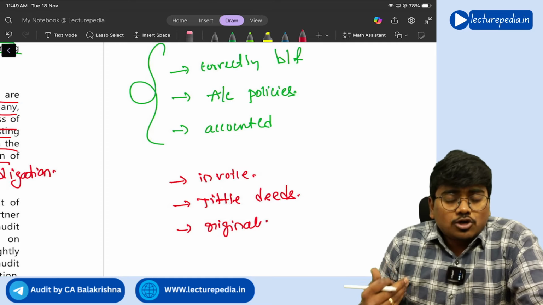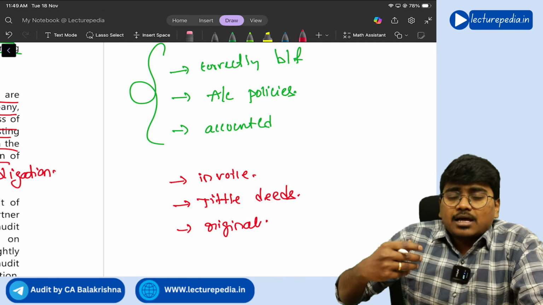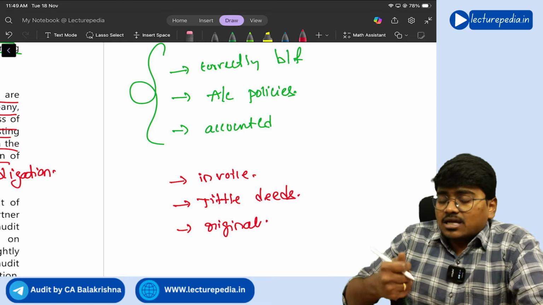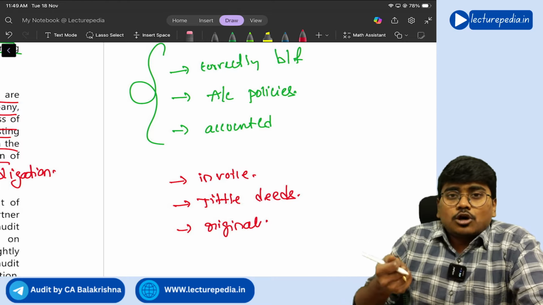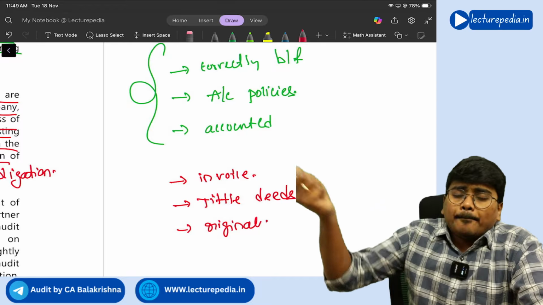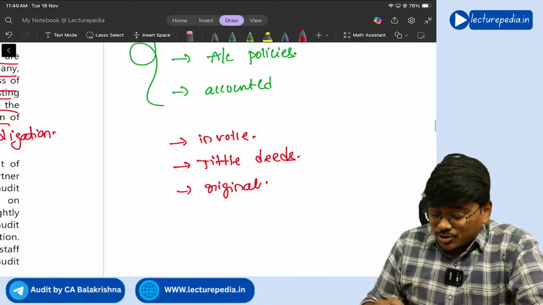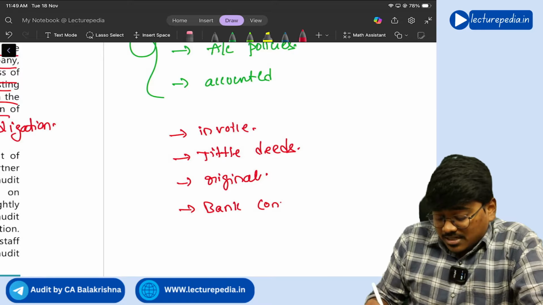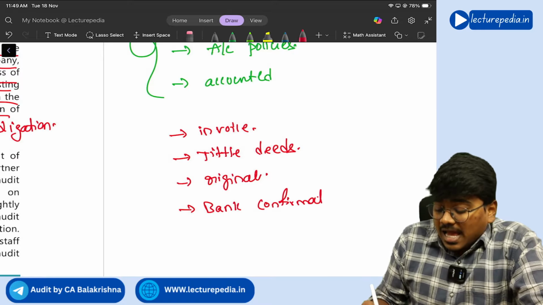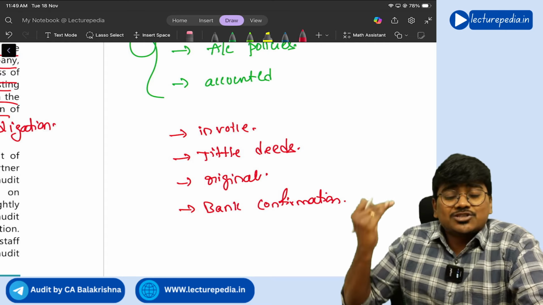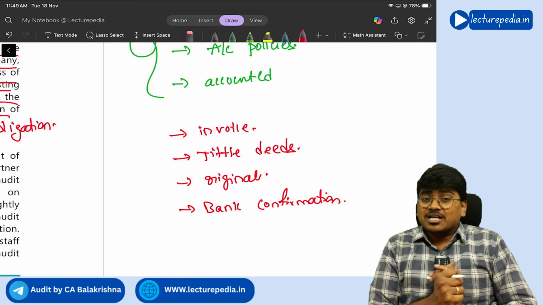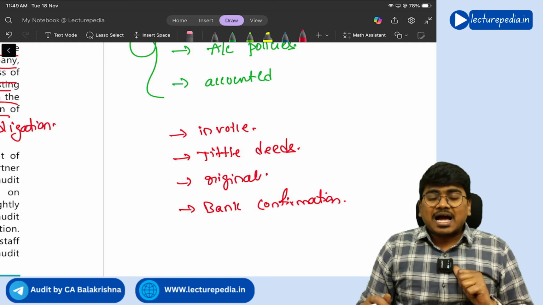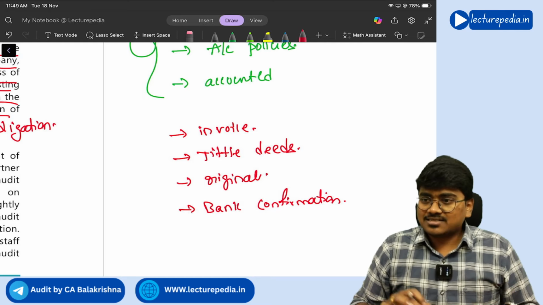If at all original copies are not available, let's say the company has taken loan from a bank, and for that loan it has handed over the original documents of land to bank as a security. In such a situation, you will obtain bank confirmation whether the original documents are actually available with the bank. So these are the audit procedures that you will perform with respect to verification of rights and obligations on the assets, PPE. Got it? Yes.